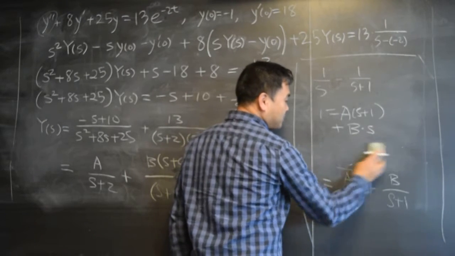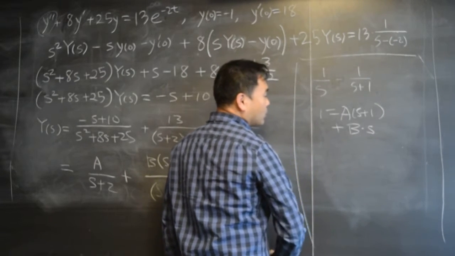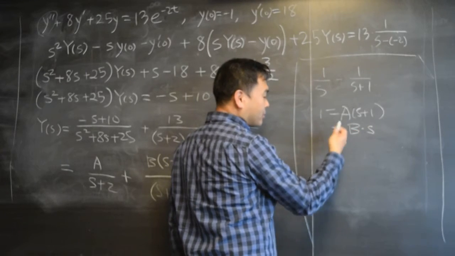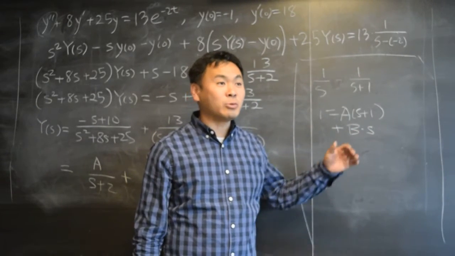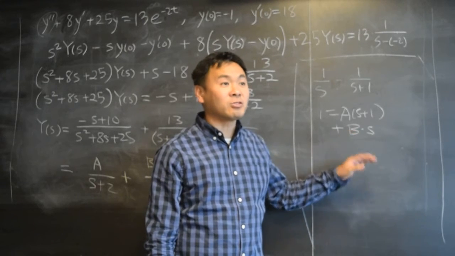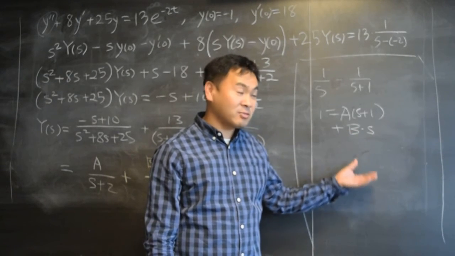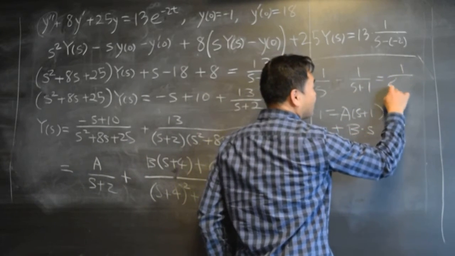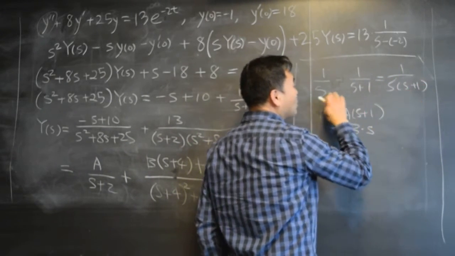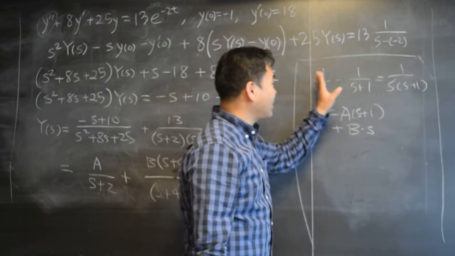And then what you do is, since this has to work, see, I erased it, but this relation should be an equation between functions. So as a function of s, they should always give the same value. See, when I say this is equal to 1 over s times s plus 1, I'm saying that whatever the value of s is, they're always the same.